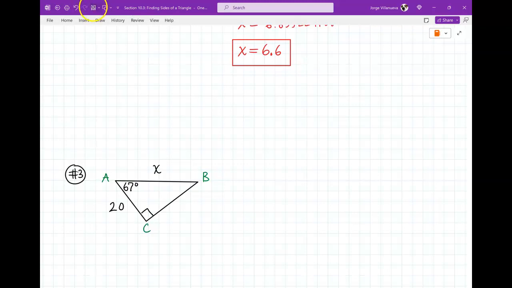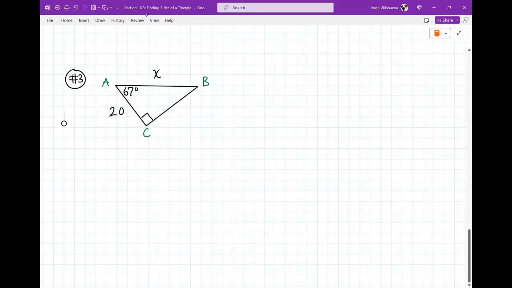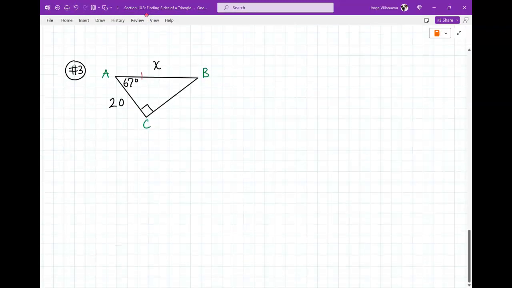So this one, like I said, is going to be easier because we know it's supposed to be cosine. I told you I was going to do a cosine. Here's the angle. All right? So there's my angle. My hypotenuse is which side? Where the x is, AB. This is hypotenuse. Which one's my opposite side?